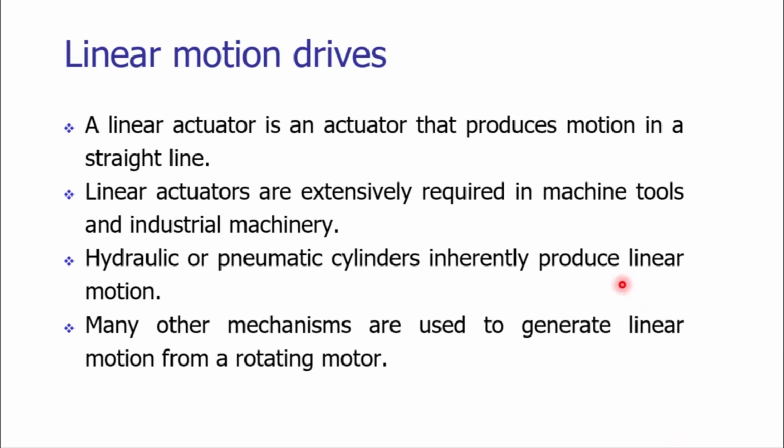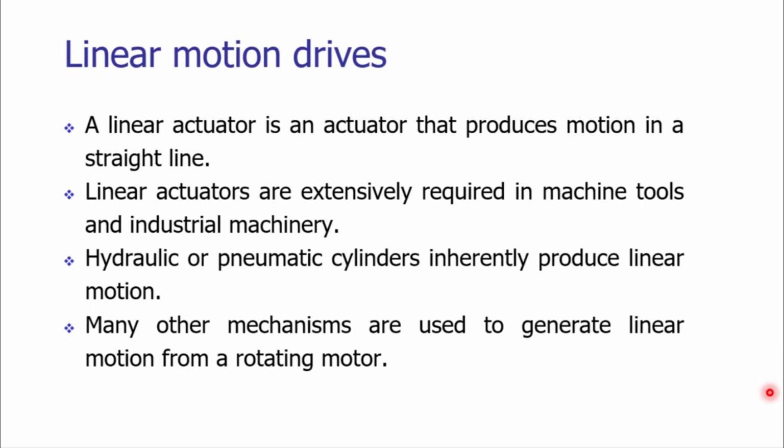We require linear actuators in machine tools as well as a variety of industrial machinery that may be required for conveyance, that is transportation, for painting, for packaging, for a variety of auxiliary operations required in automated manufacturing.